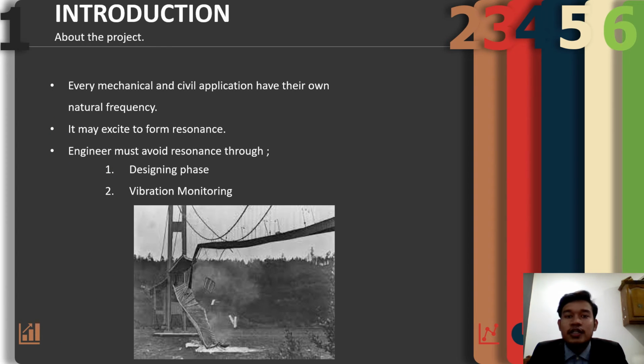As an introduction, let me give a broad idea regarding this project. Every mechanical and civil application has its own natural frequency, and it may be excited to form a resonance. Resonance occurs when the ambient frequency equals the natural frequency of an object or a system, and it causes the vibration to increase manifold and eventually fail the system or the building.